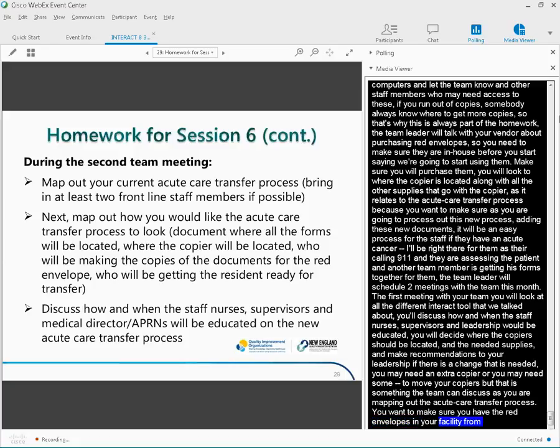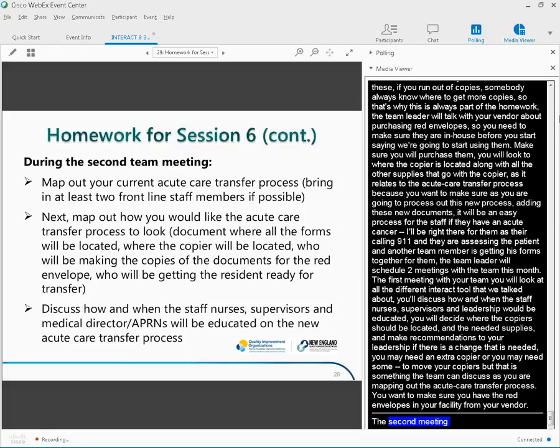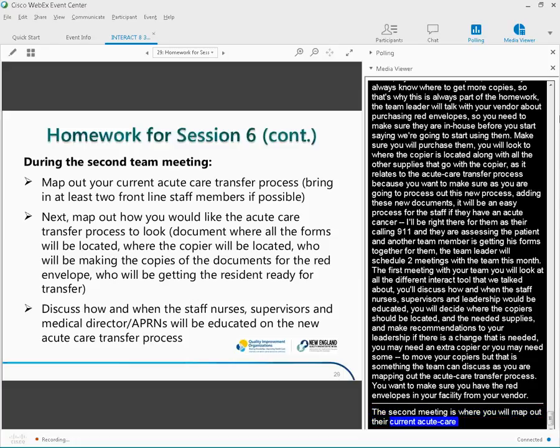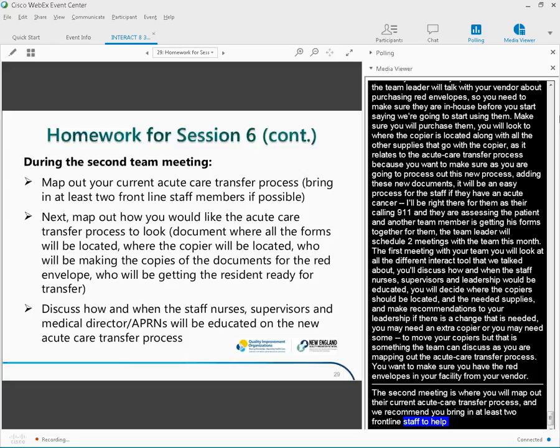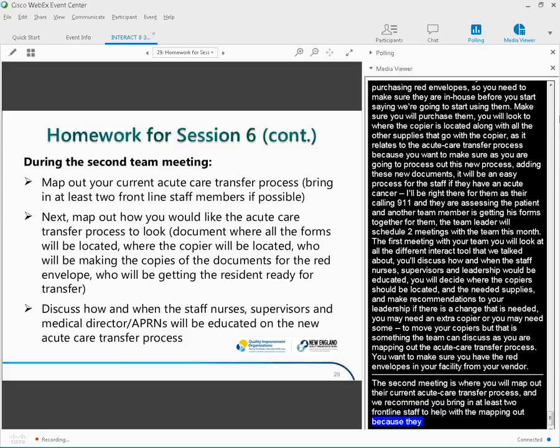The second team meeting is where you're going to actually map out your current acute care transfer process. We recommend that you bring in at least 2 frontline staff if they're not already part of the team, to help with the mapping, because they do this, maybe not daily, but on a weekly basis. They're the ones actually doing the transfer.